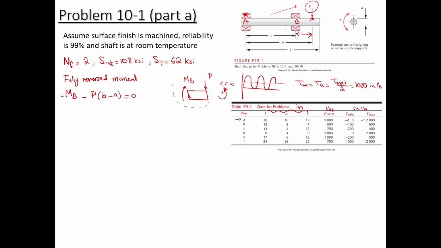B minus A is 2 inches for part A. P is 1000, so I'll get MB equal to minus 2000 inch pound.